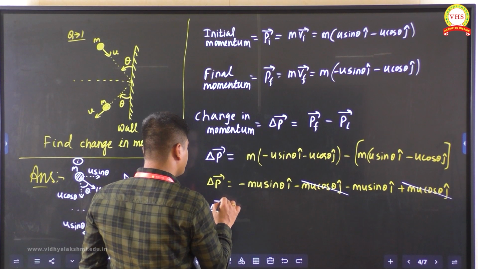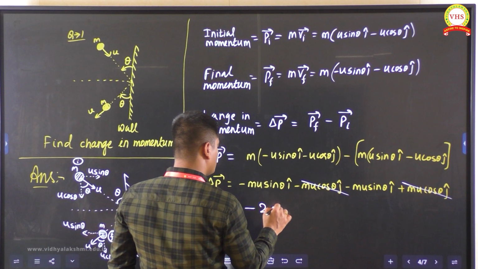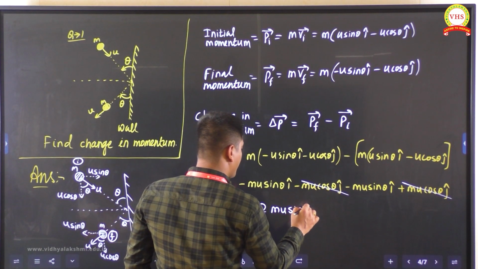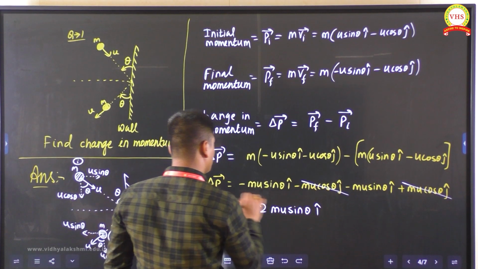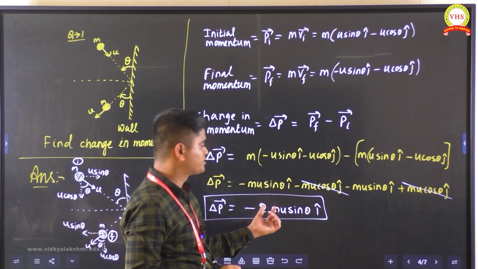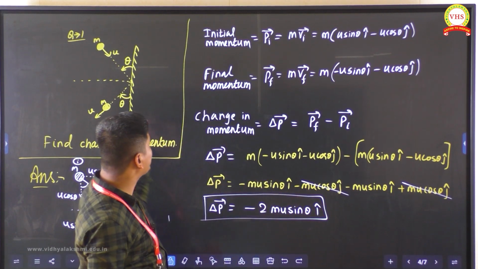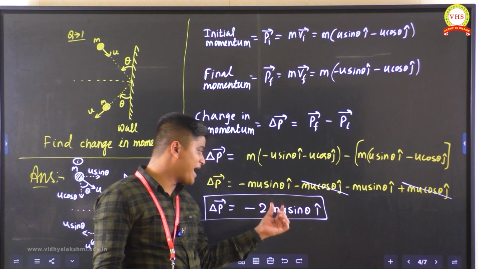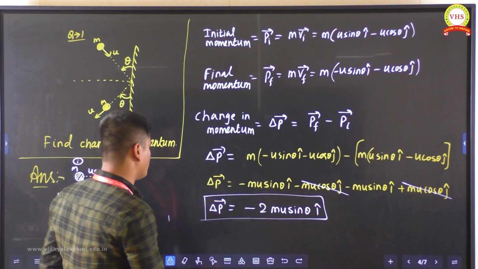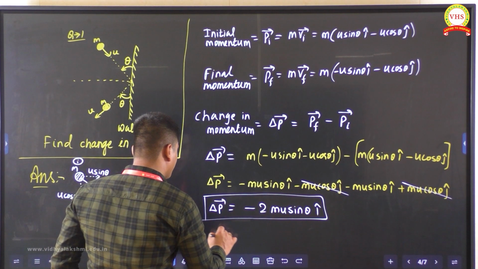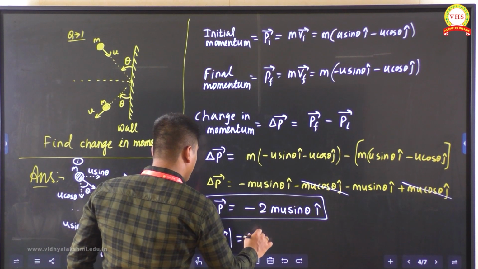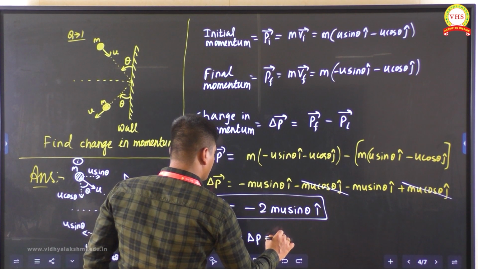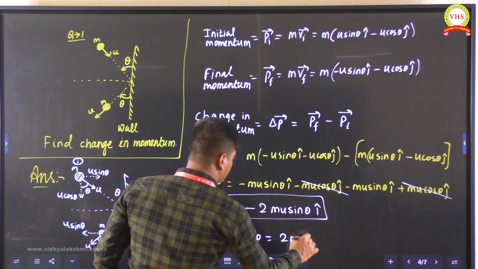Now change in momentum is coming what? Minus 2 m u sin theta i cap. This one remember. So actually change in momentum direction is coming in which direction? Negative x-axis. This is the vector form. Now if I want to find magnitude, then this is delta p, which is nothing but 2 m u sin theta.